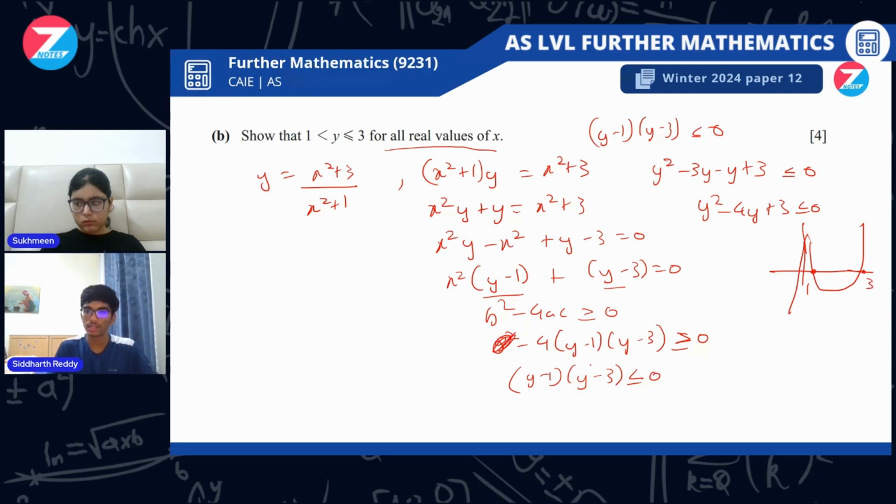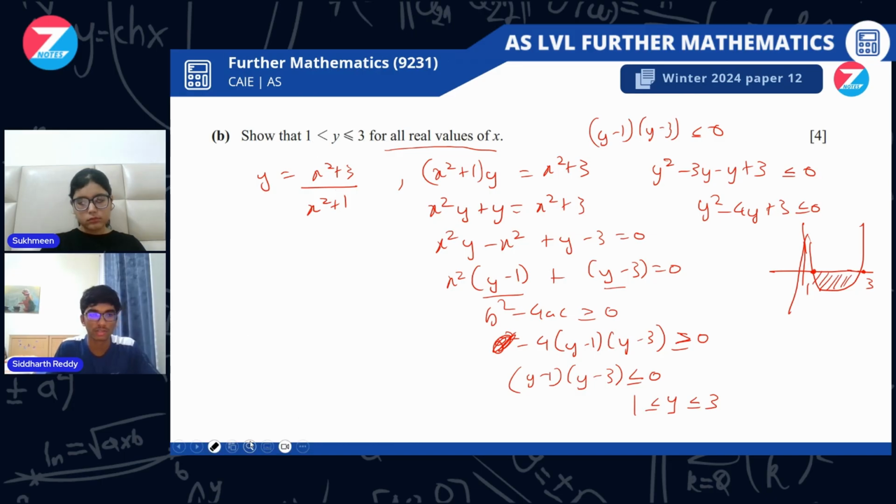So they're saying when is it below 0? It's below 0 when it's below this axis, and you can see that it's only below the axis between 1 and 3. So y has to be between 1 and 3. But it's not done just yet, because if you notice in the question, they didn't give this extra inequality sign.